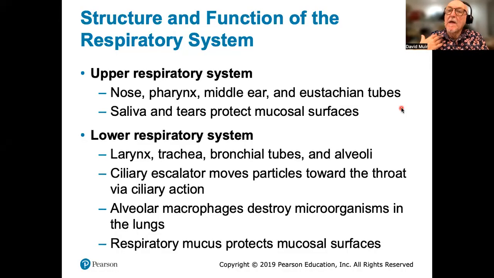Okay, so in the lower parts of the lungs, in the alveoli and in the small tubes, the bronchioles leading to the alveoli, there are dedicated macrophages which will not only eat the bacteria that they encounter, but which will alert the immune system to the fact that bacteria are present.